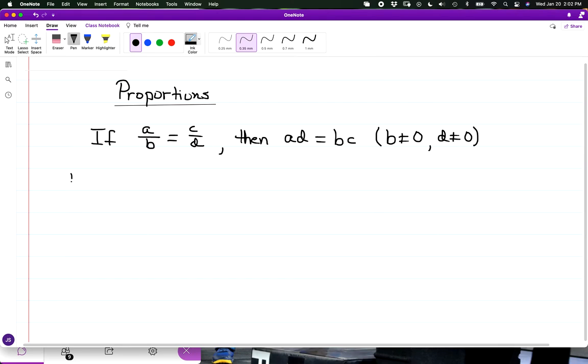And now let's say, as an example of a proportion, we're looking at solving for x, and we have 2 over x plus 4 is equal to 1 over x minus 3.